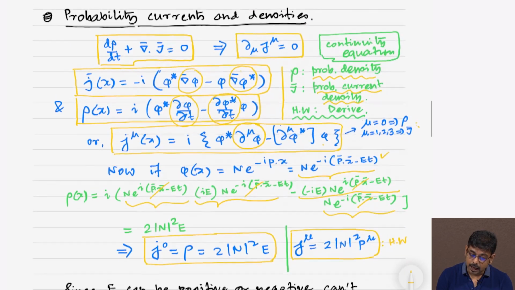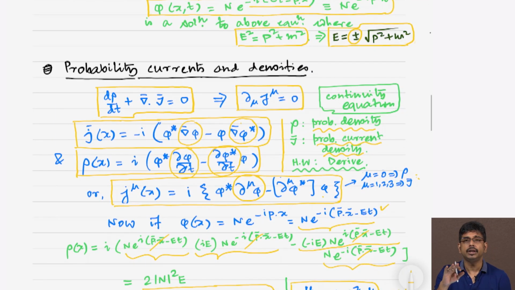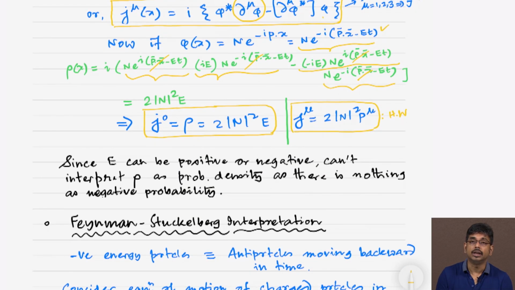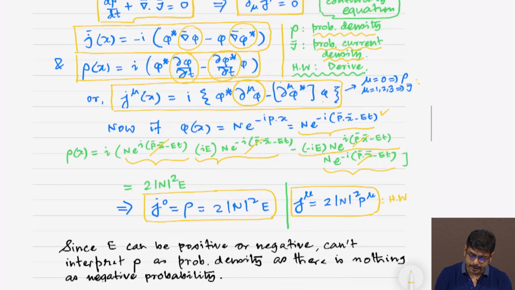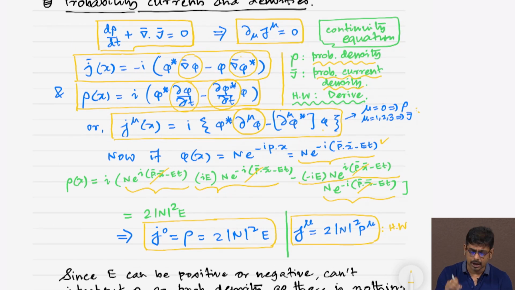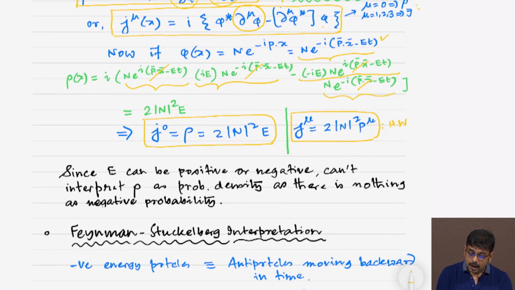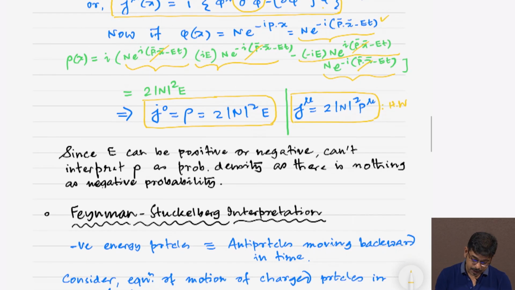Since in this particular case we said that we cannot avoid the negative energy solutions, what we have shown here is that whatever probability density we can construct out of this turns out to be proportional to the energy.